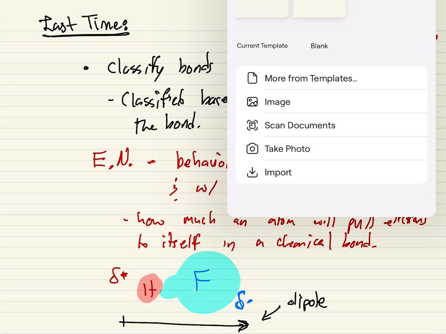Is anyone still writing? Right, if the electronegativity difference is equal to 0, how did we classify that bond? It is covalent, and specifically nonpolar covalent, right?